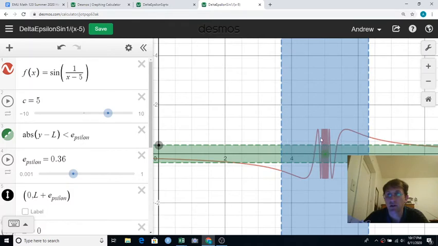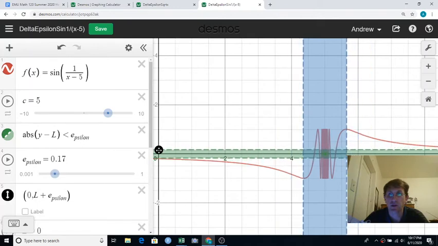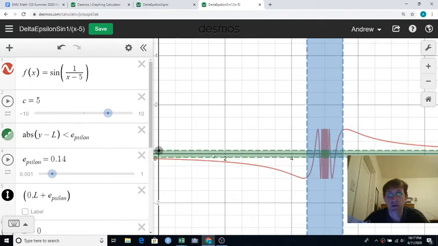Well, no matter how narrow I make it, that red curve is always going to go up to plus and minus 1 within some very, very tiny amount of x equals 5. So I can't guarantee an output tolerance by restricting my input tolerance here. So that means that the limit just does not exist.